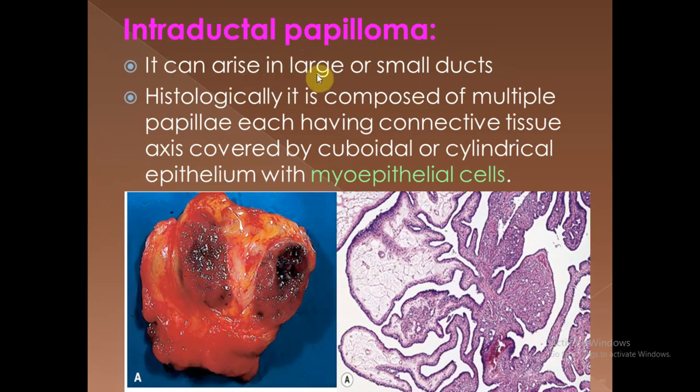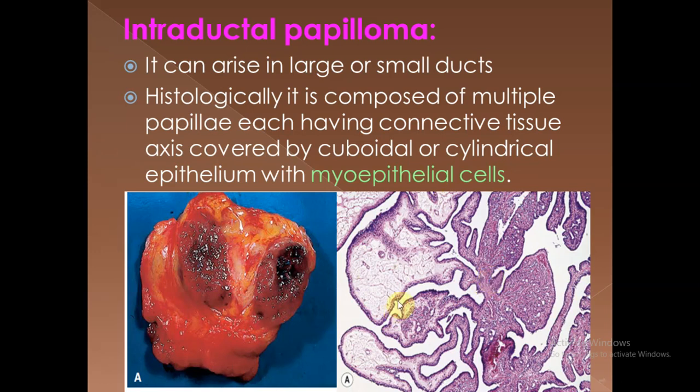Intraductal papilloma can arise in large or small ducts. Histologically it is composed of multiple papillae. Papillae are defined by WHO as finger-like projections that protrude above the surface epithelium and contain a fibrovascular core of connective tissue and blood vessels. It is important to examine carefully the cells that line these papillae, and we should look for the presence of myoepithelial cells, because their presence is an indicator of benignity of intraductal papilloma.